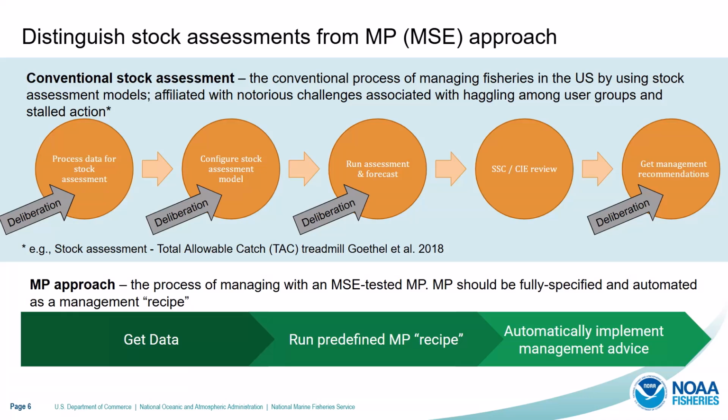However, the problem with this, as characterized in Dan Goethel and colleagues' 2018 paper entitled "The Stock Assessment Total Allowable Catch Treadmill," is that each step opens the door for a lot of deliberation among all of the different user groups. And this can sometimes lead to stalled action, which, as we have seen, can adversely impact the way that we manage our fisheries.